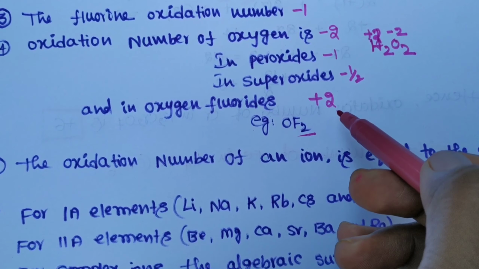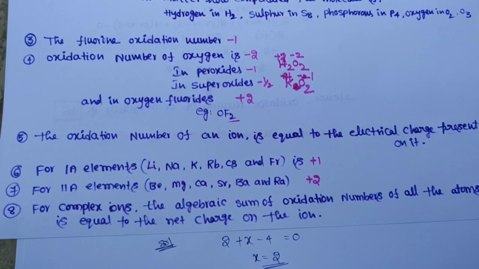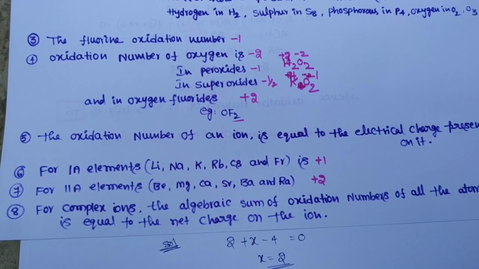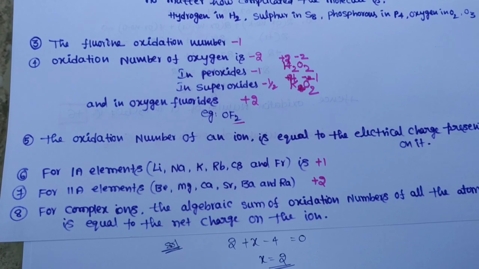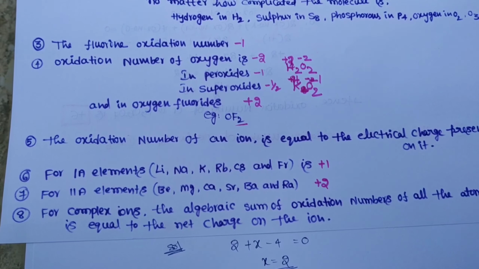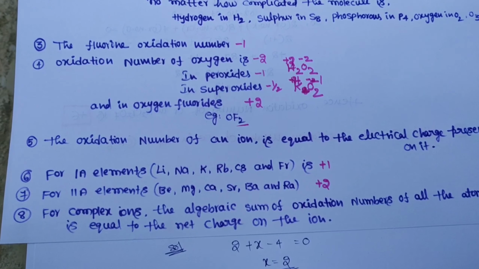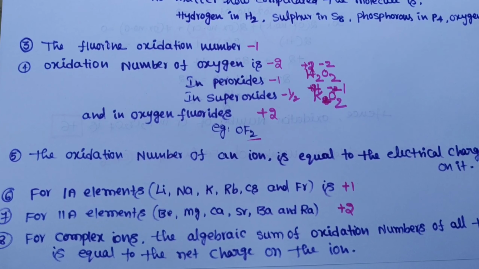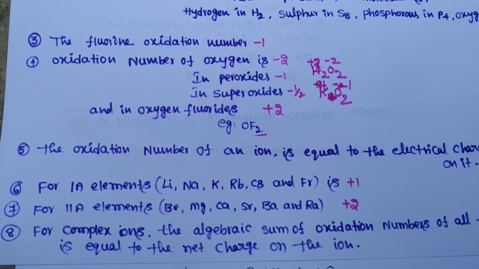Okay, so next rule is for first group elements, which are lithium, sodium, potassium, rubidium, cesium and francium. So these elements oxidation number is +1. Now next rule is for second group elements, beryllium, magnesium, calcium, strontium, barium and radium. So these elements oxidation number is +2.